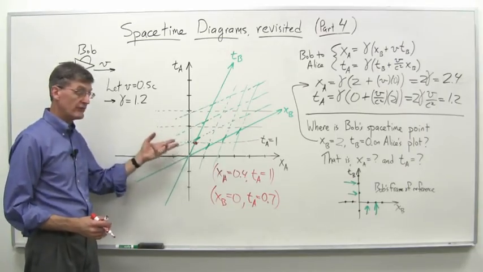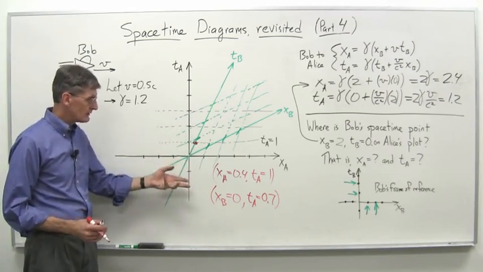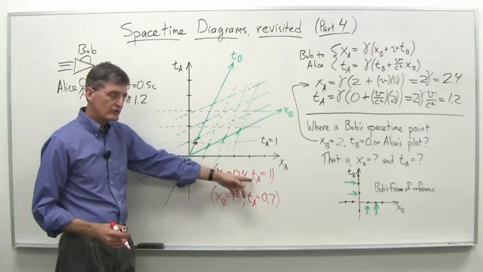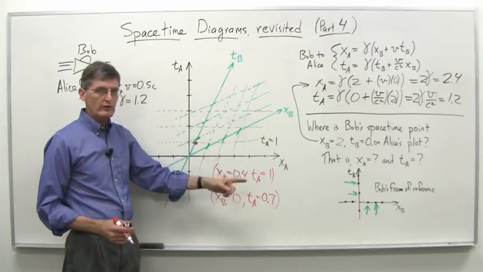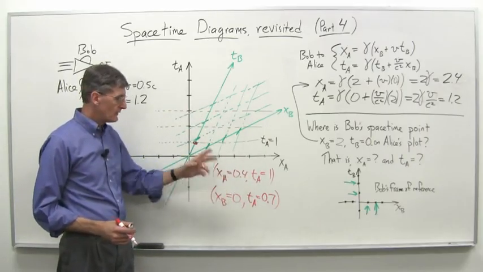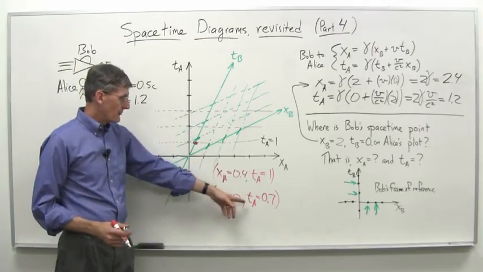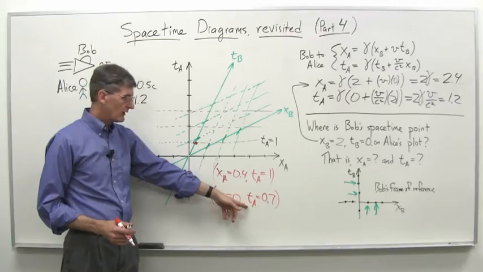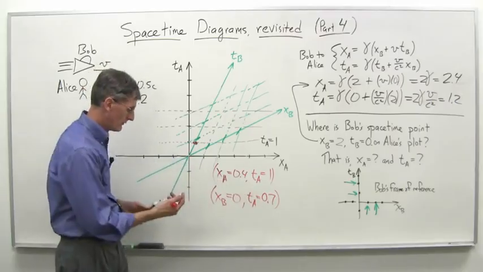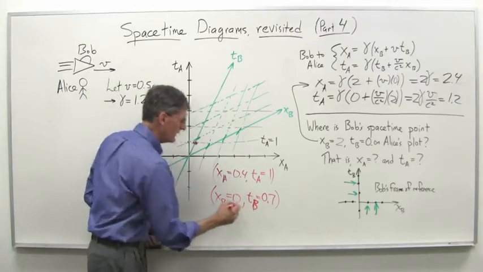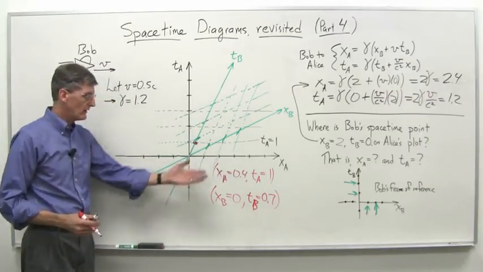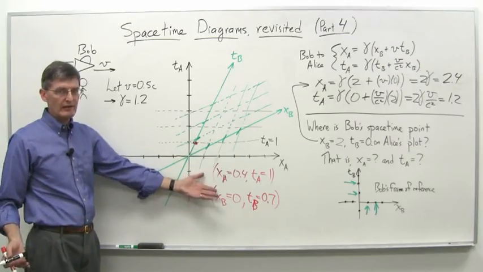But it's precise enough to see that clearly when Alice measures that event at 1 year on her clock, here's synchronized clocks, Bob, his clock reads 0.7. Oops, sorry, this is not A here, B. Bob's clock is 0.7. What do we have there? That's time dilation.